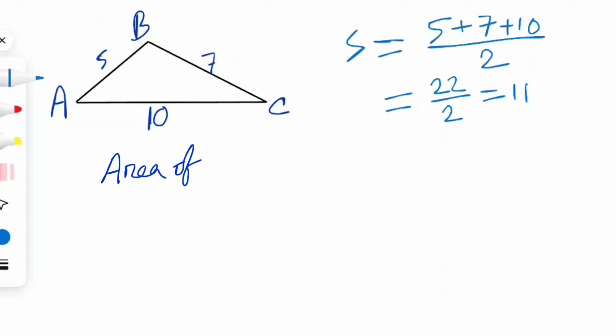Now if we want to determine the area of this ABC triangle, then we can use Heron's formula.